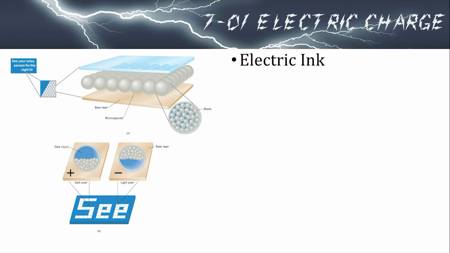So we have a little base layer underneath, and when that base layer is positively charged, the beads are attracted, leaving just the dark layer for you to see. But if the base layer is negatively charged, it repels the beads and you see the white beads. And for each pixel, you can change the charge.